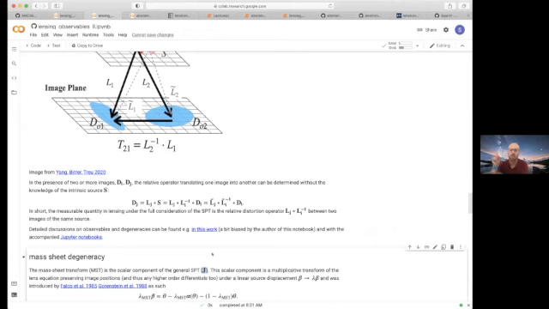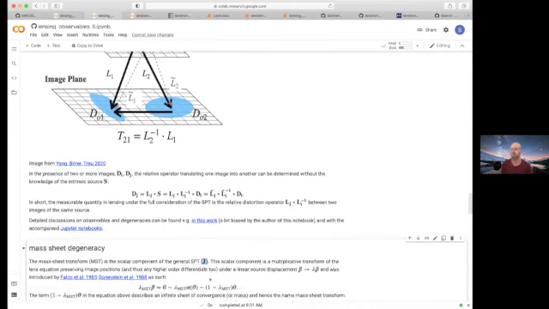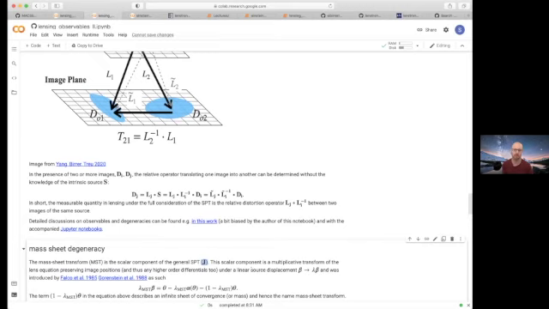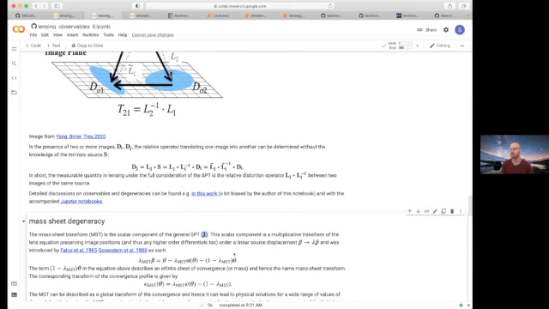You can multiply by a non-zero number, and then divide by the same number. So you can use the operator J as a widening and shrinking of the overall mapping, and that is the mass sheet degeneracy. That's all it is.